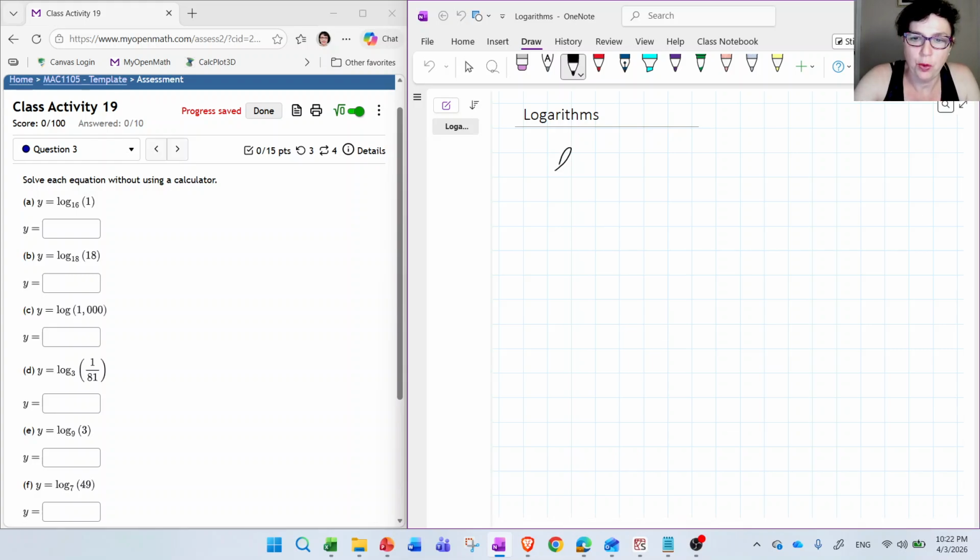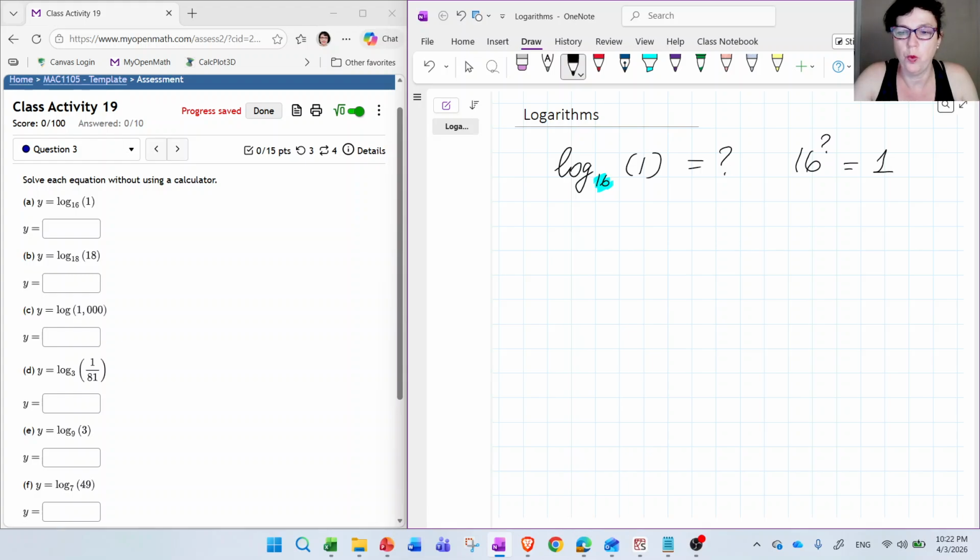Okay, so let's say I want to compute log with base 16 of 1. And whatever answer I'm going to have, I am going to convert it to exponential form. So what that means is we're going to start with the base, write it down, then raise it to the power, whatever is our answer, and that should give us 1.